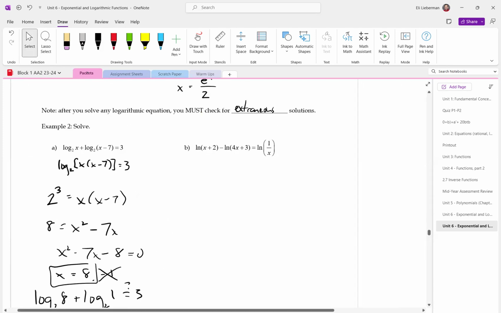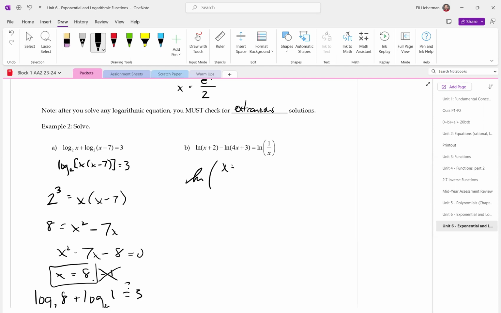Okay, B, you might be tempted to divide by ln, but since it's not a factor, we can't. The strategy is a little bit different. But after you combine them, then is it a factor? Ah, after you combine, select that left side, make this ln of (x plus 2) over (4x plus 3), nice, using that quotient property.